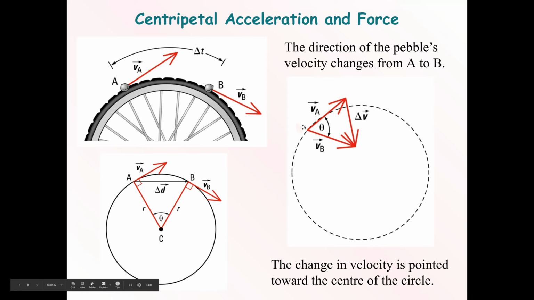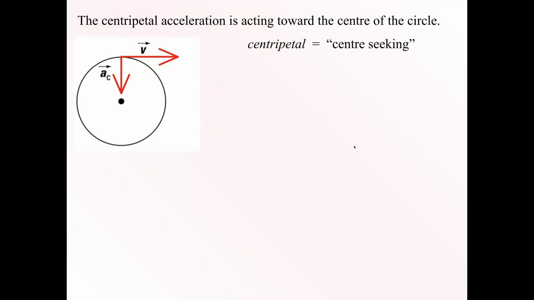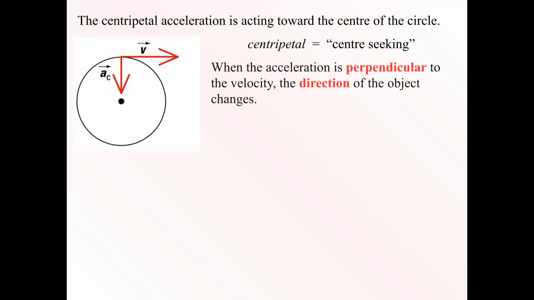When we put our diagram together, we have our velocity of A and velocity of B, and our change in velocity is always pointing towards the center of the circle. Then our centripetal acceleration is acting towards the center of the circle. Centripetal means center seeking. That's where our acceleration is.